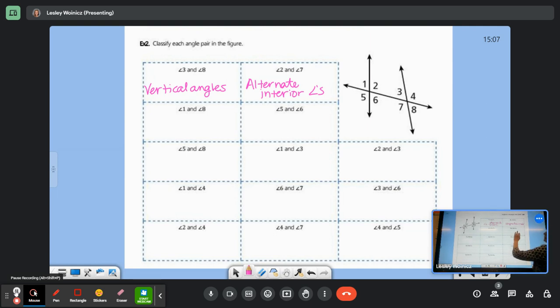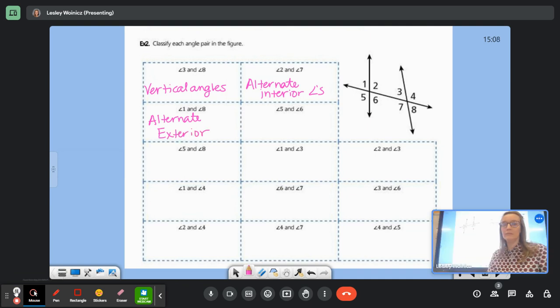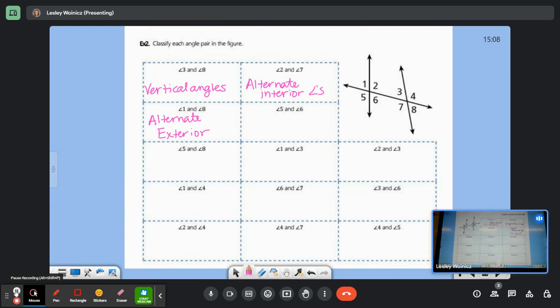Alternate exterior. Good. Okay, 5 and 6. Linear pair. Good.